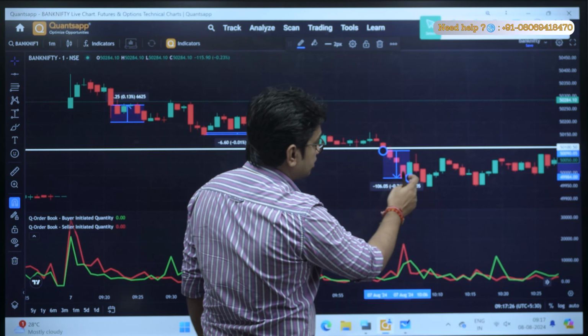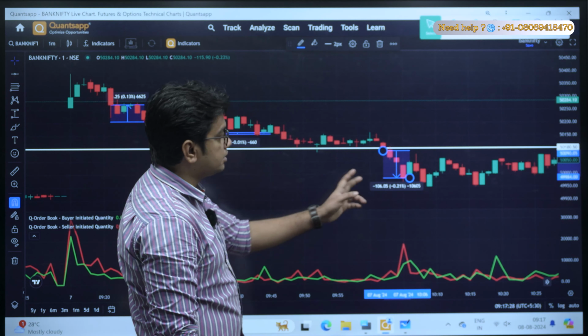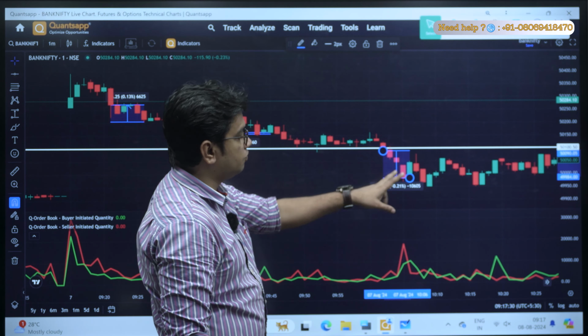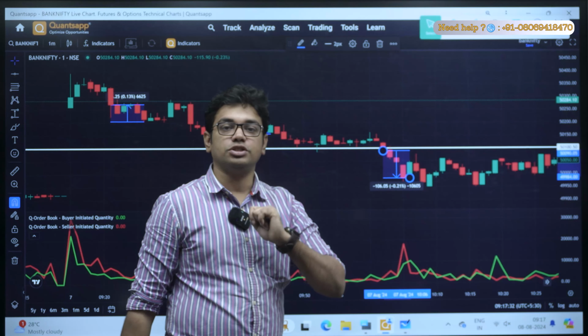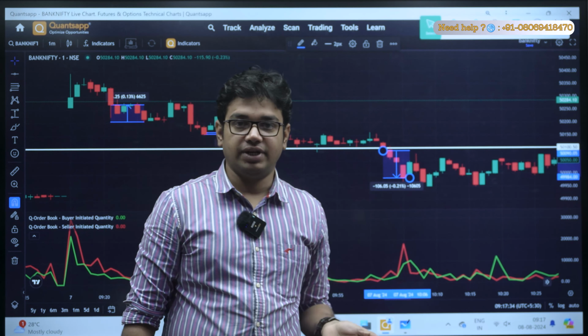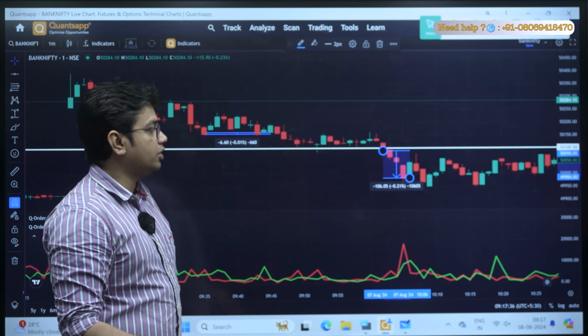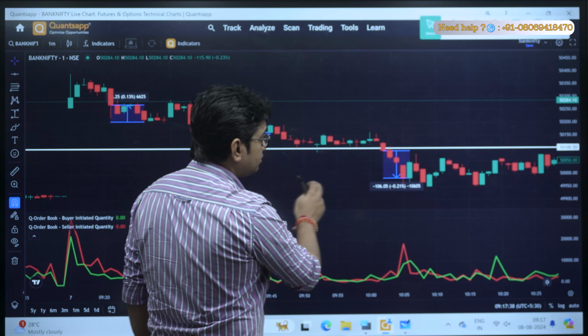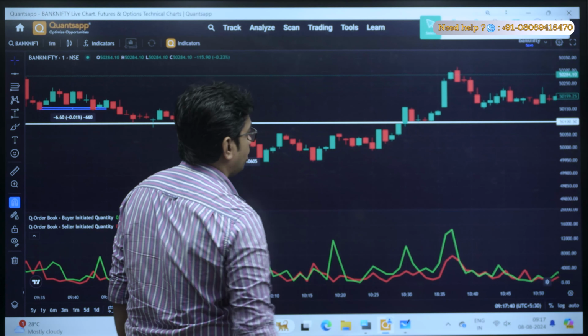Now, in 3 candles, that means from the last 1, 2, 3, 4, in 4 minutes you got 106 points in Bank Nifty, close to like 50 points in the options.